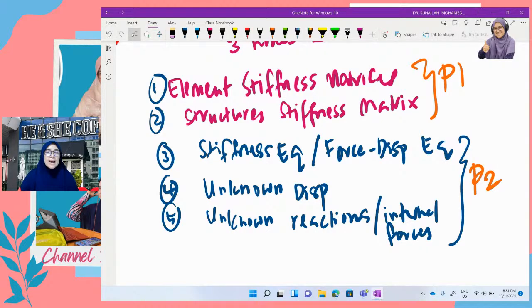So make sure every one of you understands the first part first, then only we will move to the second part.